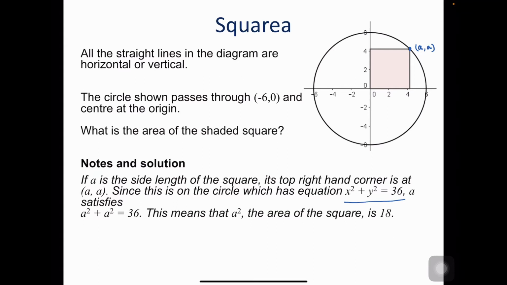So you'd have to substitute (a, a) into this equation, which gives you 2a squared equals 36, a squared equals 18. And so the area of the square is going to be a squared, because the area of a square is a multiplied by a. So in this case, a squared is 18.